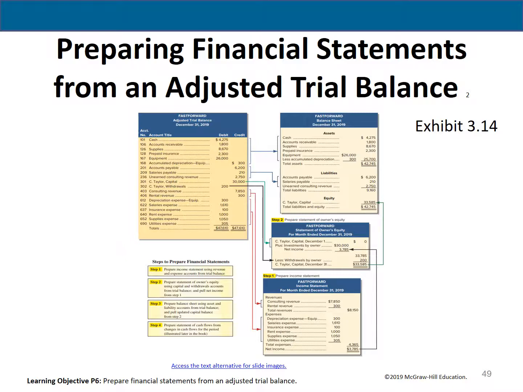And then we create a new trial balance with all the accounts and their balances. Now, some balances won't change, but some will. We want to make sure we list every single account in our general ledger with its balance, whatever it may be. And then we add up our debit column, add up our credit column. So over here on the left is our adjusted trial balance.